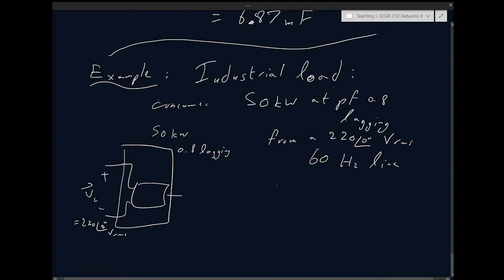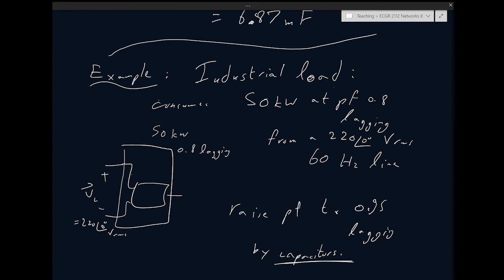So you want to raise now the power factor to 0.95 lagging, again by capacitors. That's the best and cheapest way to do power factor correction. Capacitors are reliable, relatively cheap. They just sit there. They're passive elements.